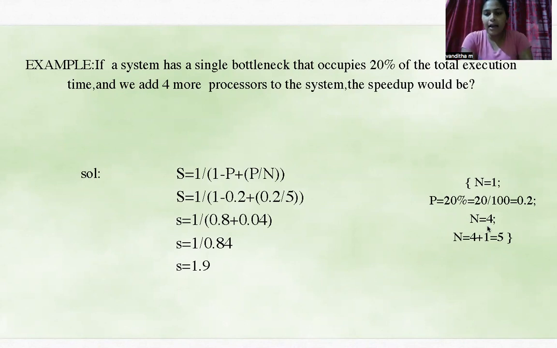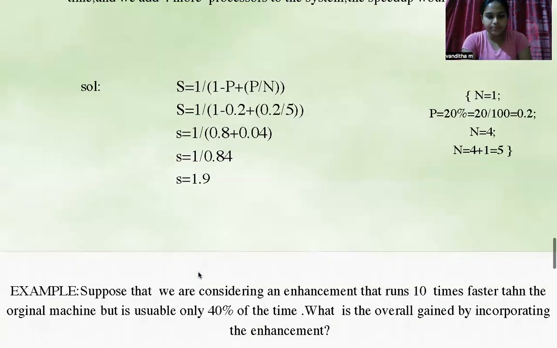Here N is 1 plus the 4 processors we add, so we get 5. Substituting the values of P and N in the equation, after calculation we get the final answer as 1.9.